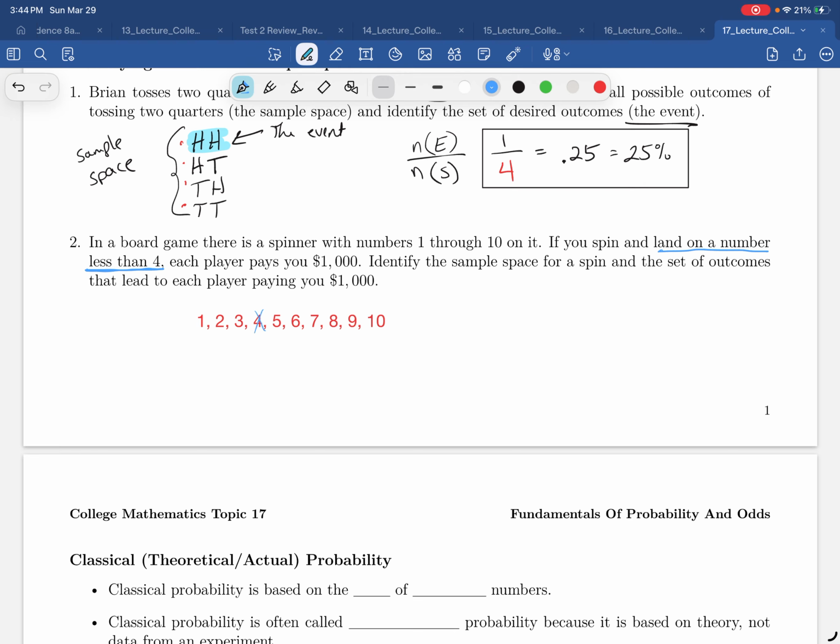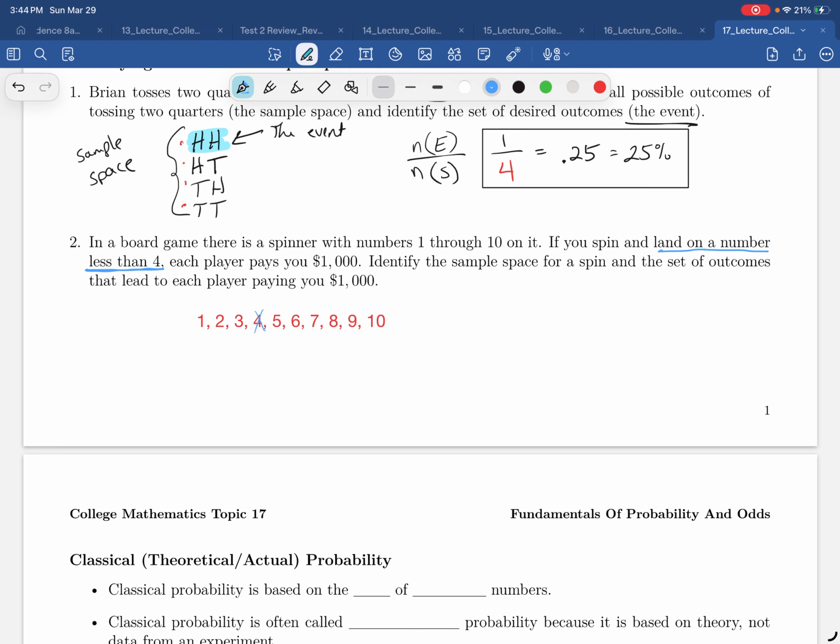So these are wins. You can see there's 3 of them, and these ones to the right would be all the times that you lose. And you can see if we count them all, hopefully, there's 1, 2, 3, 4, 5, 6, 7 of them. So there's 7 times we lose and there's 3 times that we win.